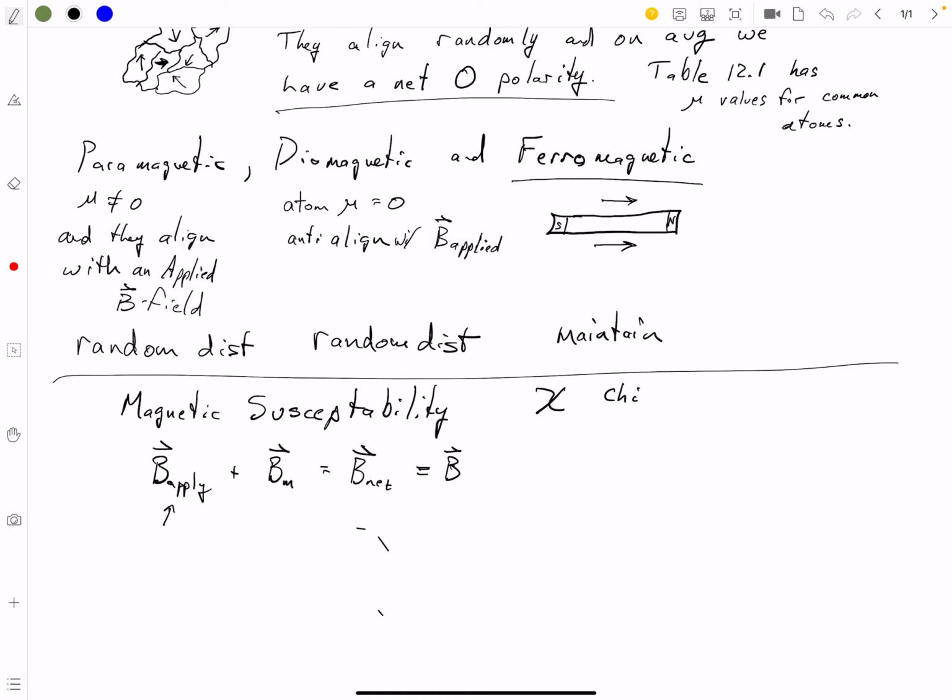Let's say we want to do an applied in a uniform way. What's a good way to do a uniform application? Well, we would have a solenoid. So this is the B field from the solenoid. This is our material on the inside. And this is our net. Okay, so we're adding them together.